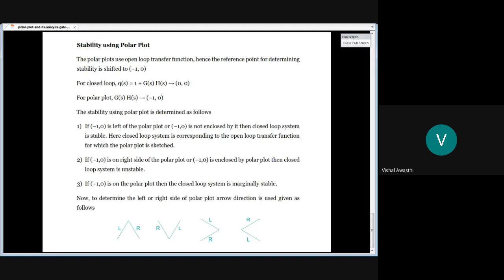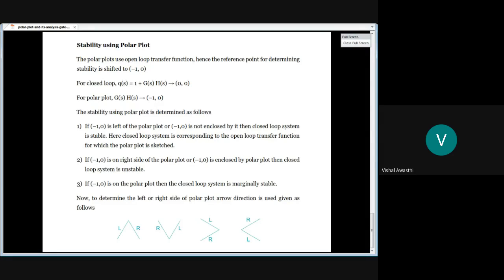It means when you're considering closed loop system, your stability condition will be judged by 0, 0 value, means origin. But when you are considering the open loop system, that is GSHS, you have to judge its stability with respect to point -1, 0. So just you have to check whether your -1, 0 coordinate is left half of the polar plot or right half of the polar plot.